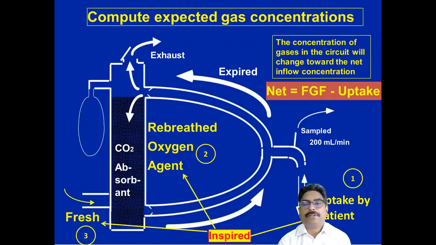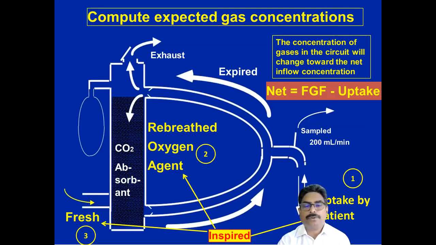So what is the net fresh gas flow? Net fresh gas flow refers to the concentration of anesthetic gases in the inspiratory limb of the breathing circuit. It depends upon three factors: the inhalation anesthetics taken by the patient and replaced by the fresh gas, and also the rebreathed oxygen and anesthetic agent.